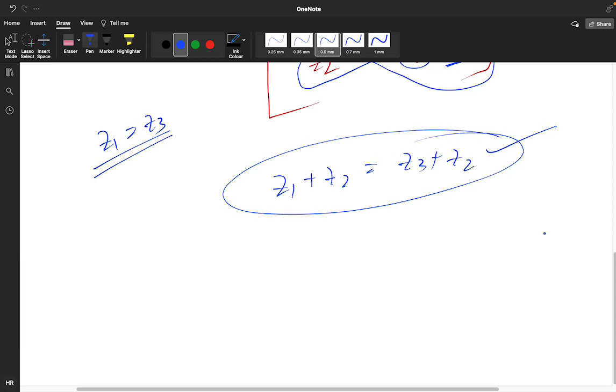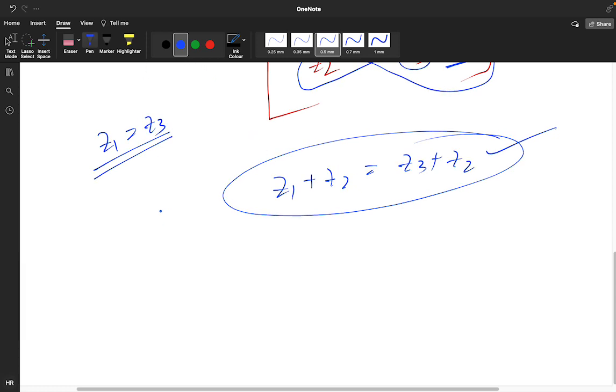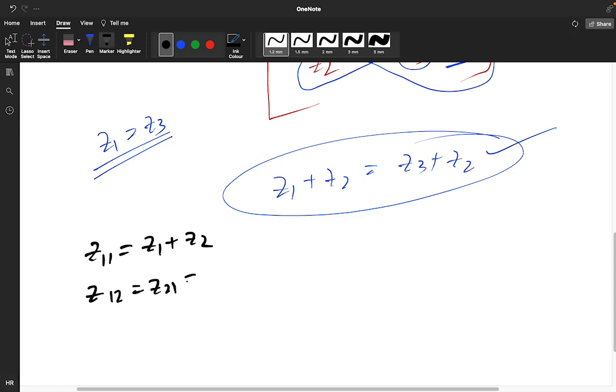First, you have to write one important note. Just make one box. Z11 is equal to Z1 plus Z2. Z12 is equal to Z21 is equal to Z2 in a T network. It is applicable in T network only.